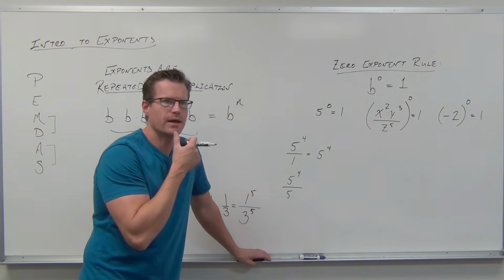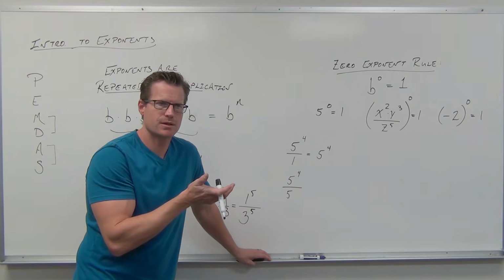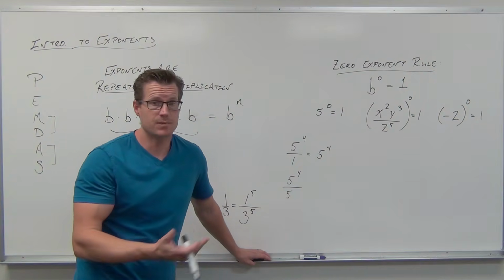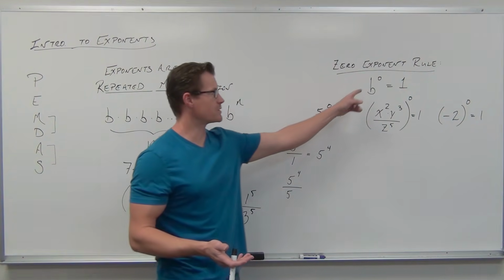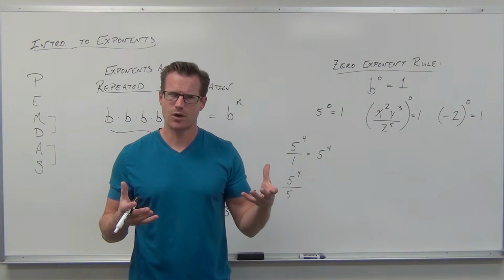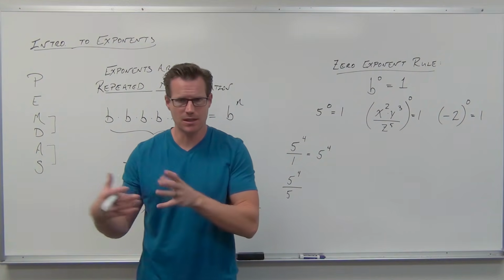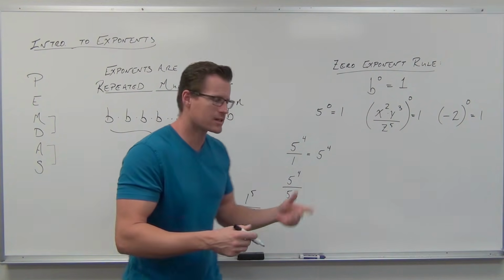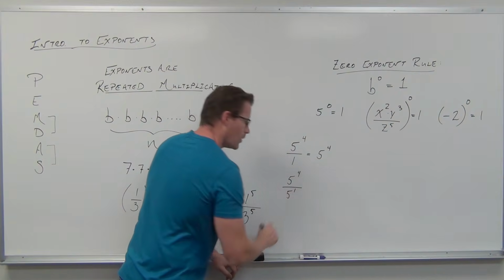Well, what's the exponent of a number that doesn't have an exponent? It can't be 0, can it? Because anything to the 0 power is 1. So what exponent do we have for a number when we don't write one? Well, it's got to be 1.